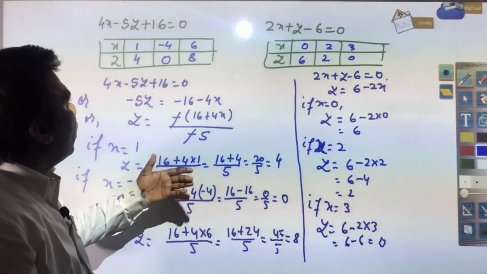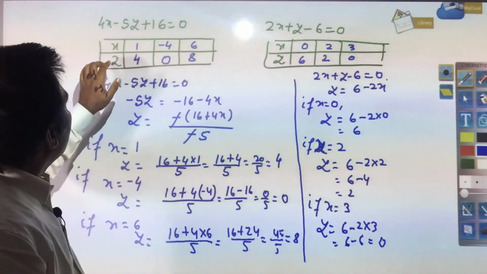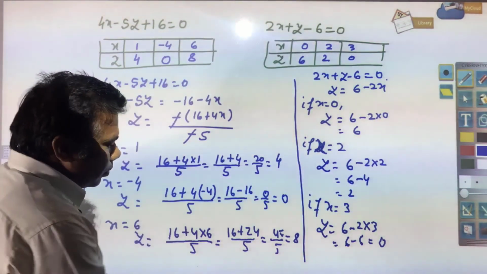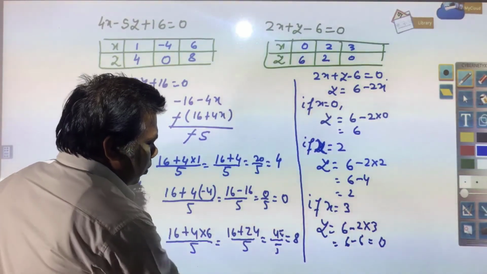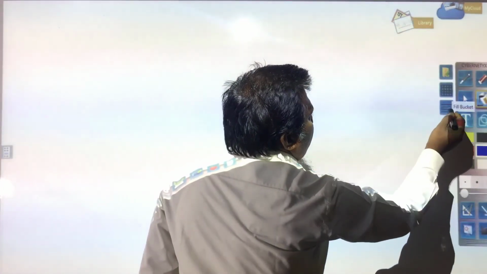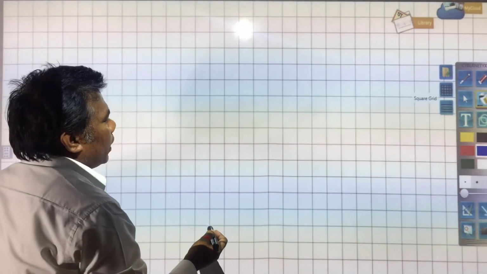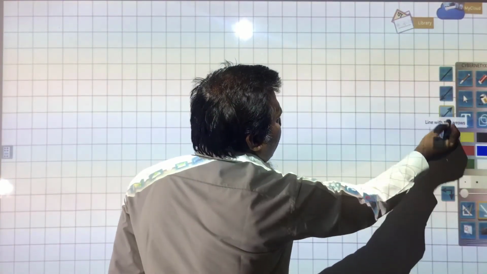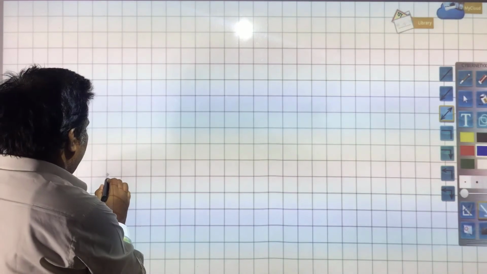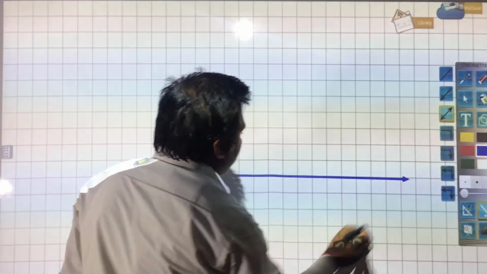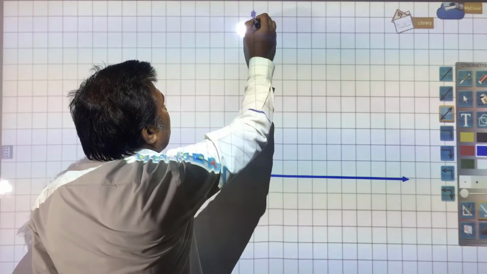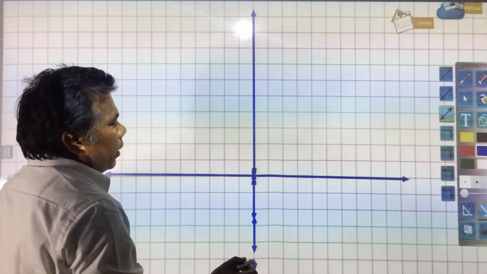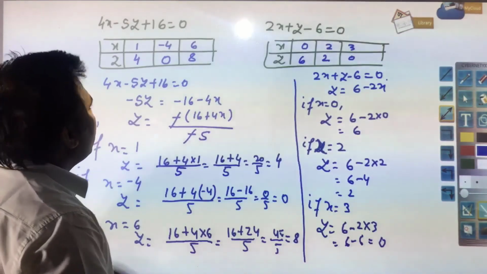Now, we need to plot the graph for these tables. Again the same thing is required to be done. X axis and y axis you need. This is your x axis. Now you see we have two tables.